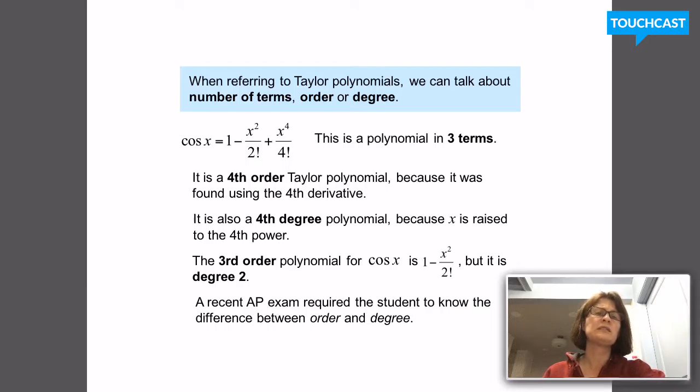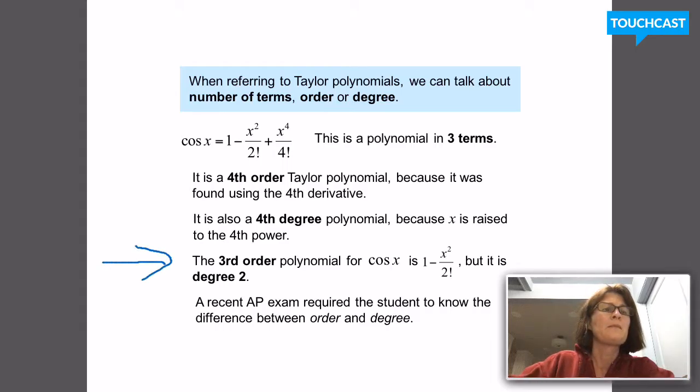So just notice this. Sometimes it's clear, but sometimes it can be tricky to think about. So the third order polynomial, I'm looking right here. For cosine of x, 1 minus x squared over 2 factorial plus x to the fourth over 4 factorial. The third order polynomial would require figuring out the third derivative of cosine x.